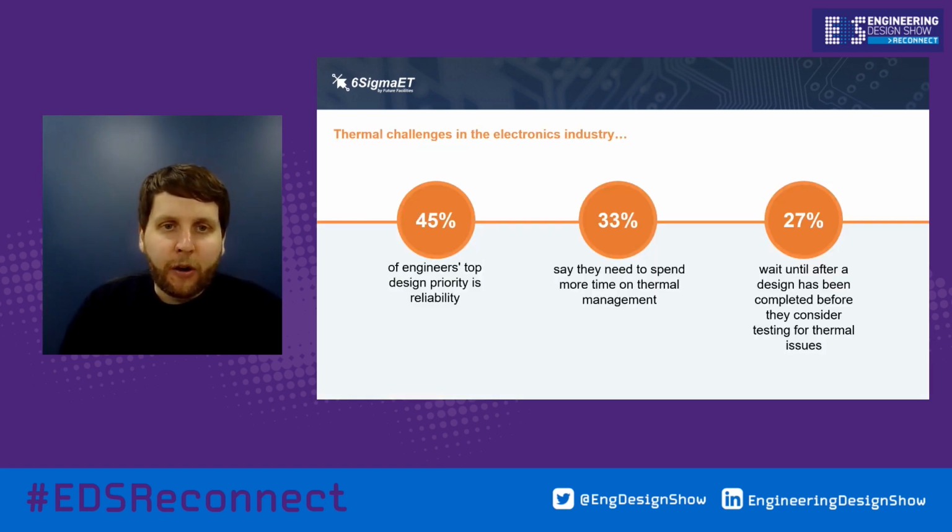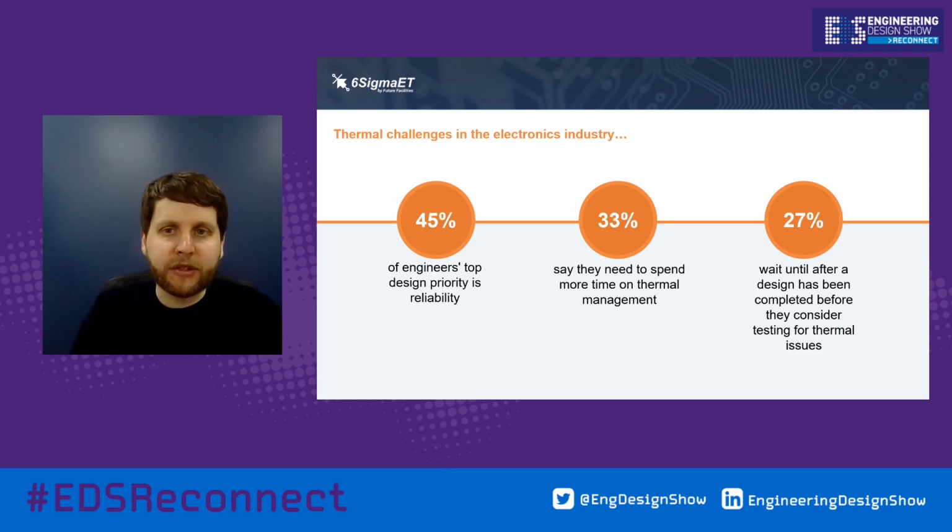We did a survey of engineers in the electronics industry and found that reliability is their top design priority. And as I said before, thermal management and reliability are interlinked. If a device is too hot, then it can lead to reliability issues down the road. Engineers also said they need to spend more time on designing thermal management throughout the process.